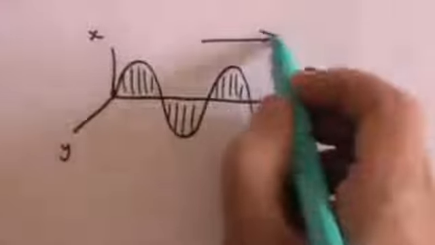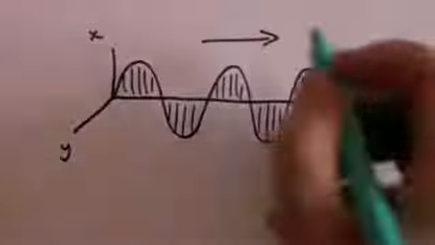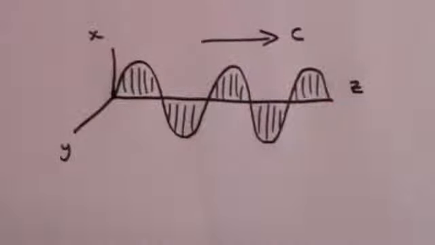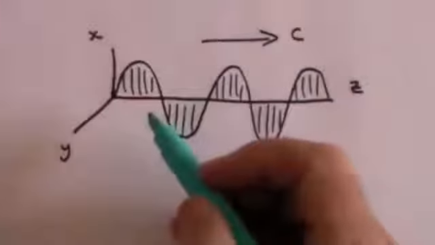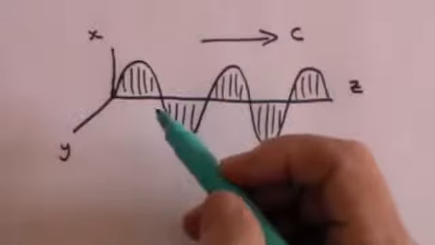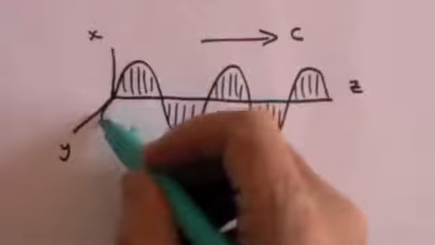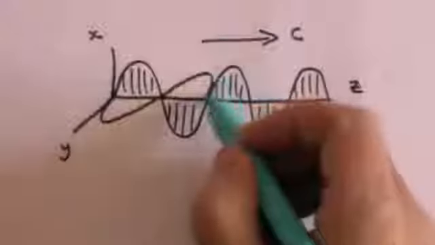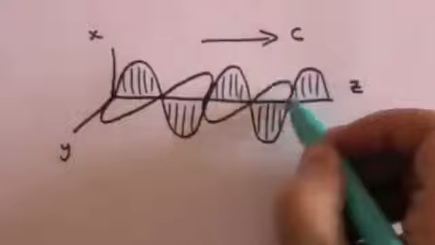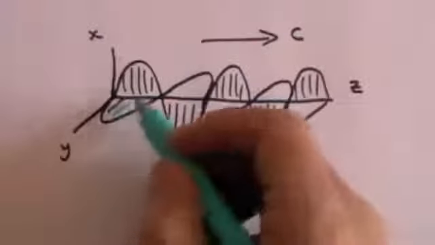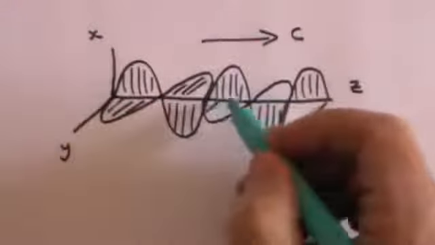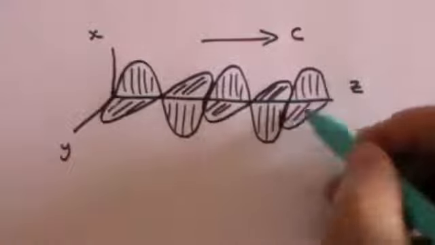The whole wave is travelling along the z-axis at speed c, the speed of light, and at right angles, in other words oscillating in the y direction, there is a B field, the magnetic field, and that is simply oscillating backwards and forwards in the y direction.